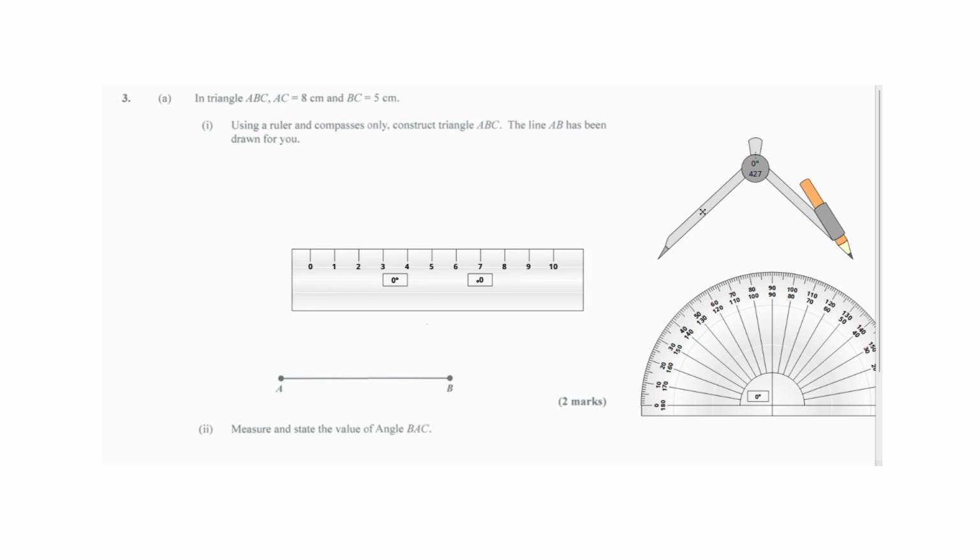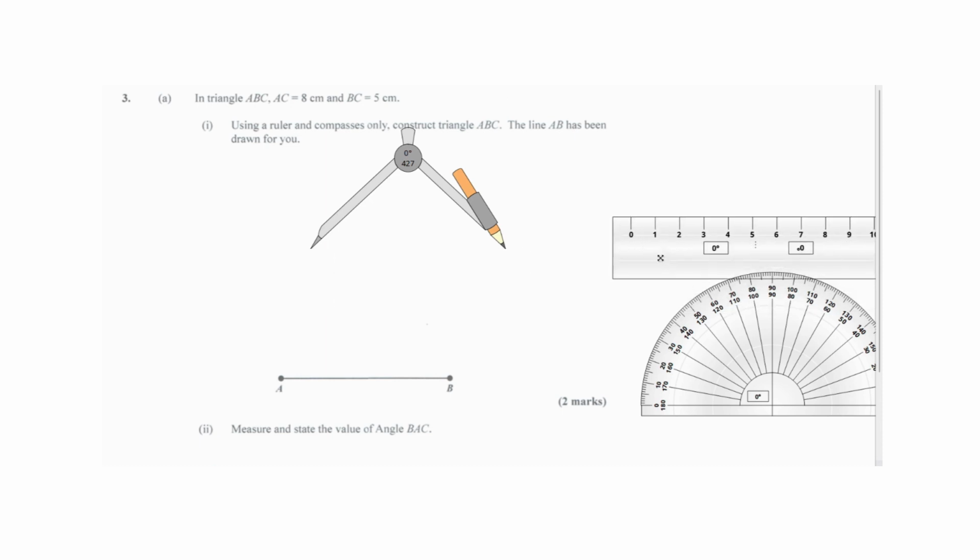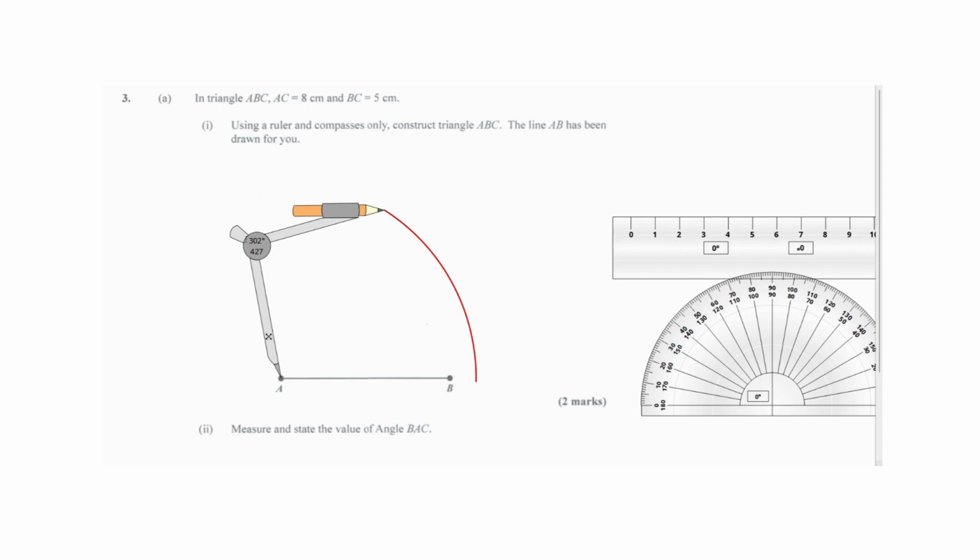So we're going to use our compass and we need to open it out to 8 centimeters on our ruler. So that's 8 centimeters. And all we need to do now is to put the point of the compass at A here, and we're going to swing an arc above here like that. Okay.